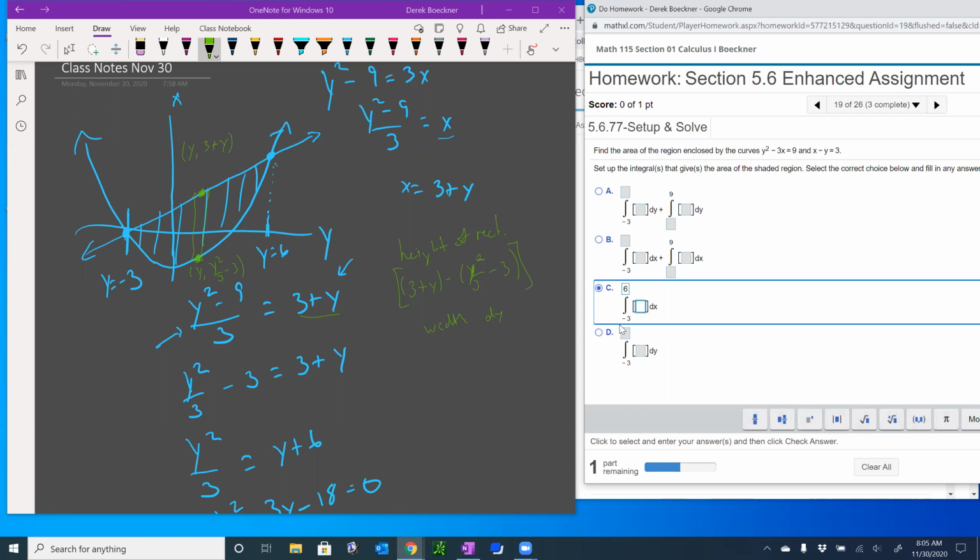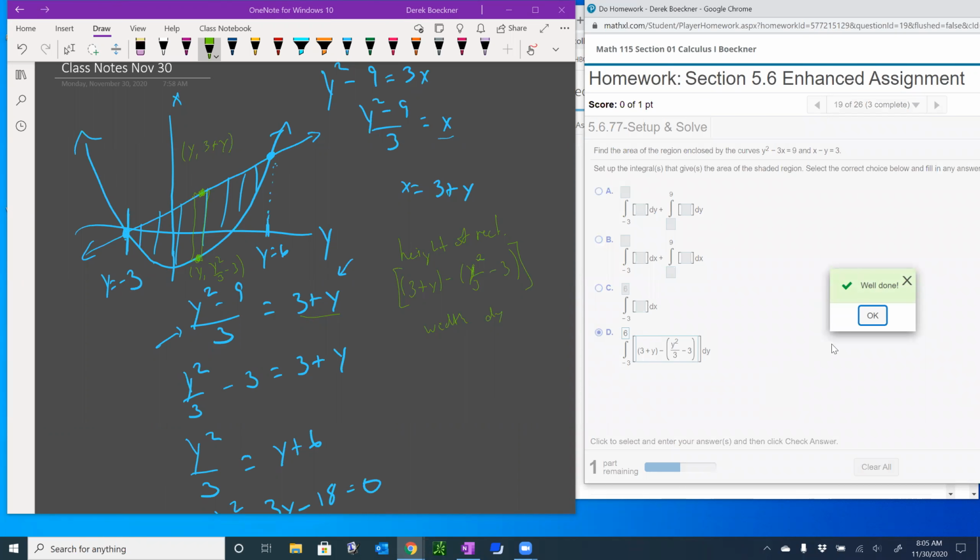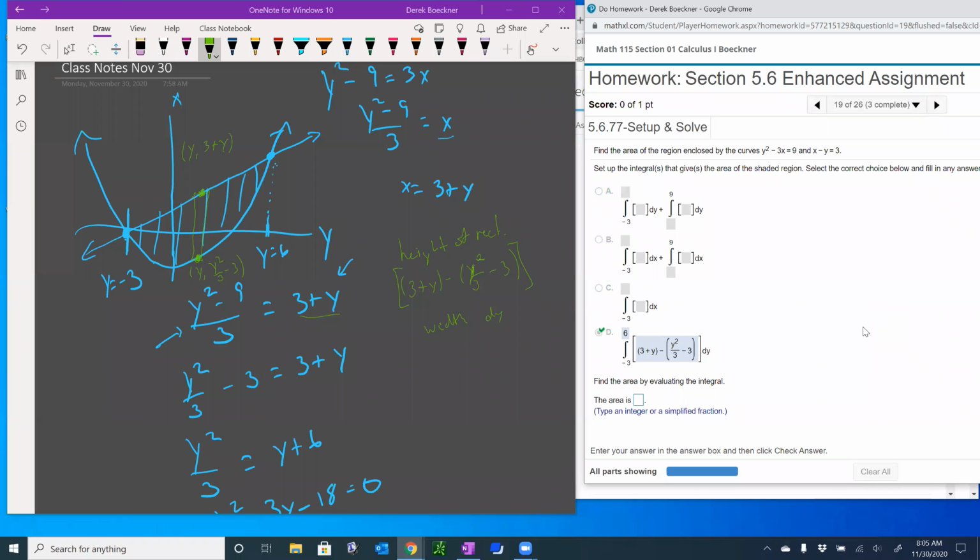Oh, I don't want the dx one, I want this one with the dy, right? -3 up to 6 with the dy, and then the integrand is 3 plus y minus y squared over 3 minus 3. Maybe it wants me to simplify that, but I'm going to try it here. So we start with that, and then what's the other part? Oh, now we actually have to find the integral. Okay. So questions on the setup so far?